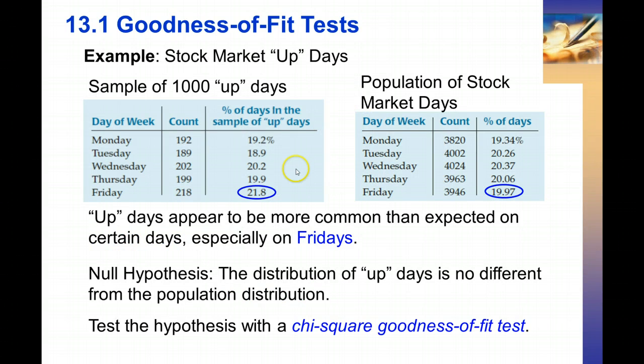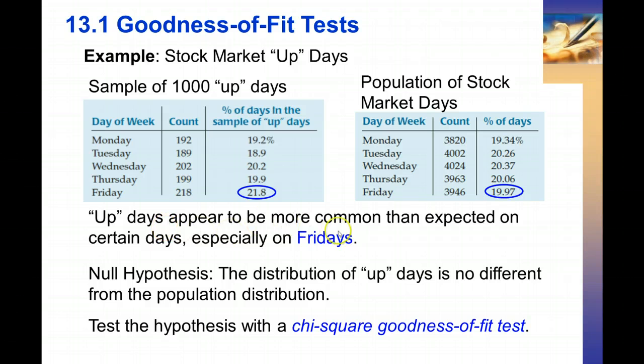An example that's here, you have stock market up days. This is the historical data, so this is what we have seen when we count thousands of days. We see this ratio of up days. Now in a sample of 1,000 up days, this is what we are getting. Now we want to know if this is the same as this.